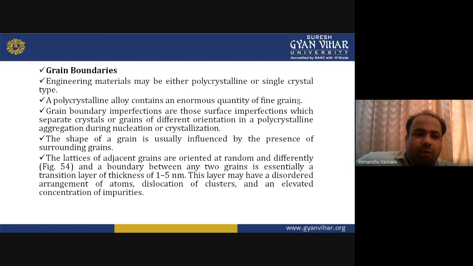As the name says, polycrystalline means they have a good amount of grains. When we talk about grain boundary imperfections, it means there is an imperfection on the boundary of the grain. These are surface imperfections which separate crystals or grains of different orientation.